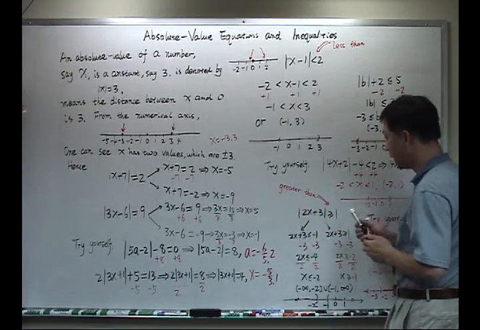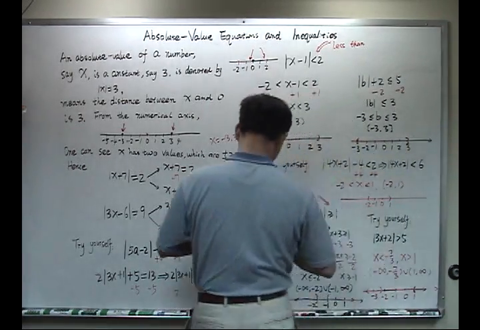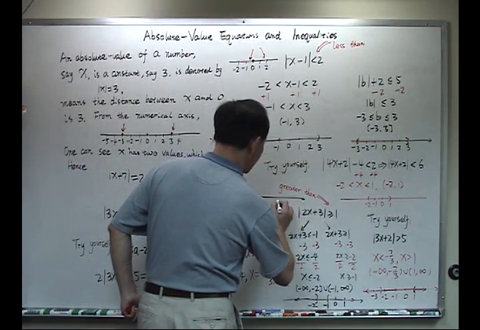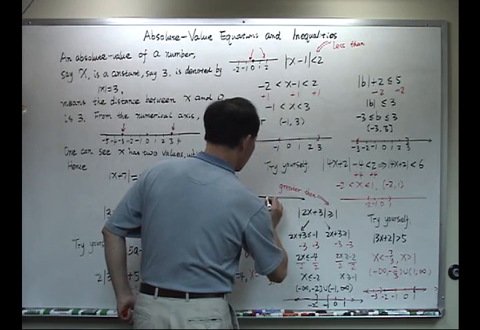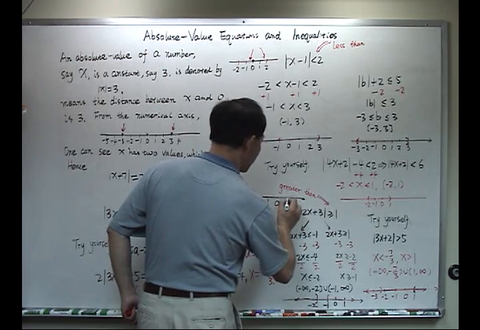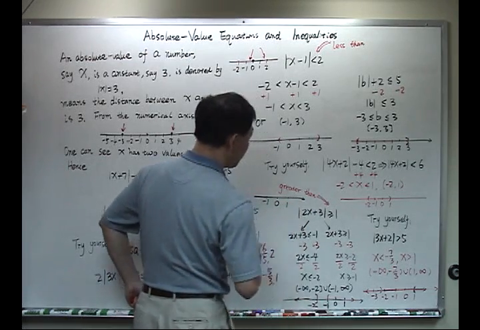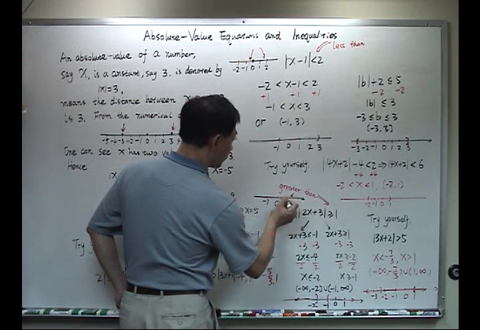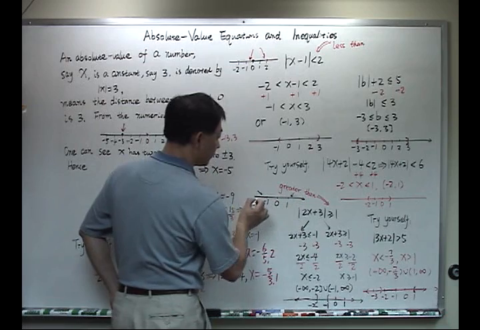Okay? So this tells us that if here is 0, here is negative 1, here is positive 1, the point has to be on this side or this side.